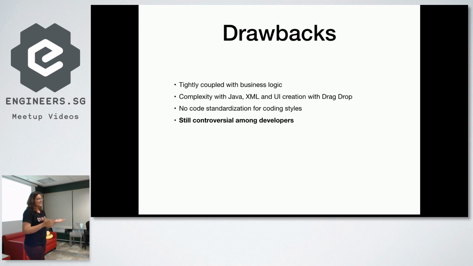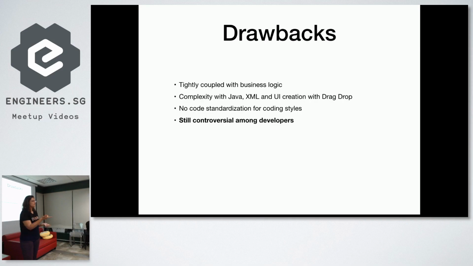So again, the problem is it's not standardized. People will definitely mix business logic with the UI logic, which is not recommended. And there are going to be a lot of problems with the coding styles, all the other things. And Android currently has drag and drop. iOS has drag and drop, all these things.